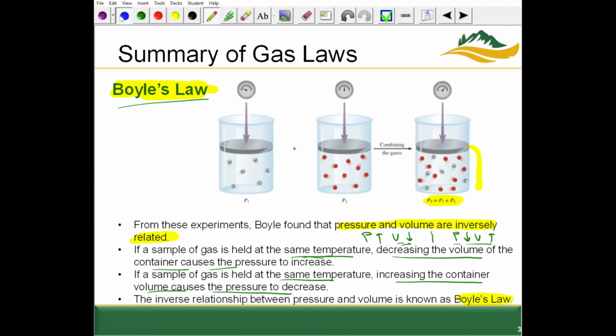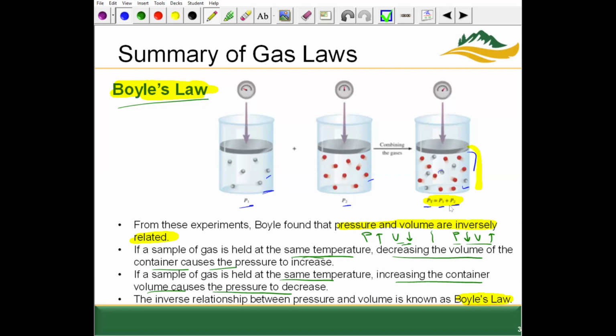Something we'll see a little later in chapter 5 is this idea of partial pressures. So we have one gas that's present at P1, these white spheres, then these red spheres may represent a second gas at a certain pressure. We will find out later on, and we'll do more practice problems, that the total pressure represents pressure 1 from the white spheres and pressure 2 from the red spheres.